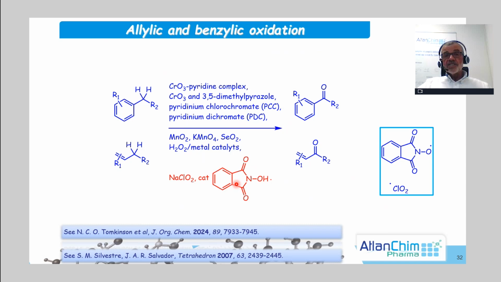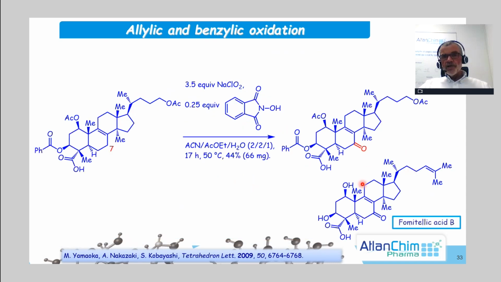These oxidation reactions were performed under mild transition metal-free conditions. For a mechanistic study of this transformation, these two radical species are involved. And for this study, just see this recent reference right here.